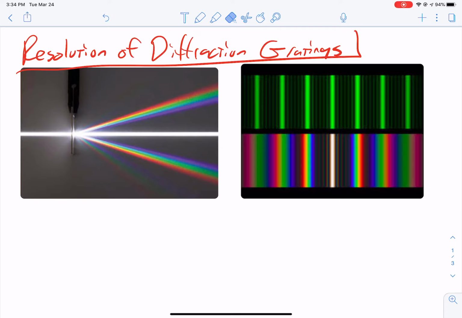And even next chapter in astrophysics, we are going to talk about how, by looking at the different wavelengths of light from a star, you can determine what's going on with the star. And diffraction gratings allow us to measure the individual wavelengths that we normally just see all as one.